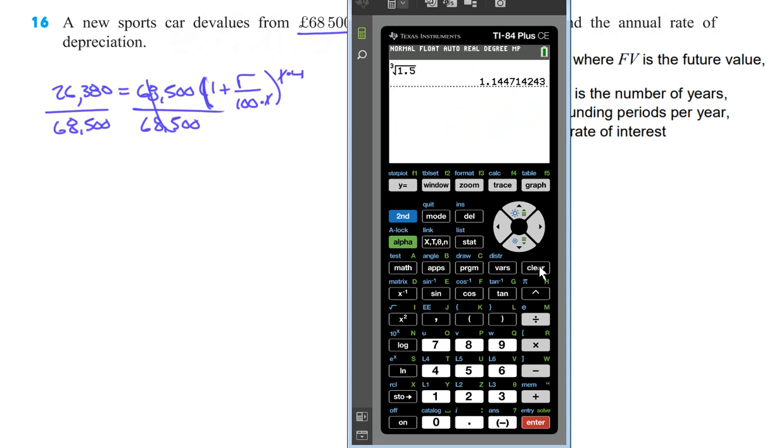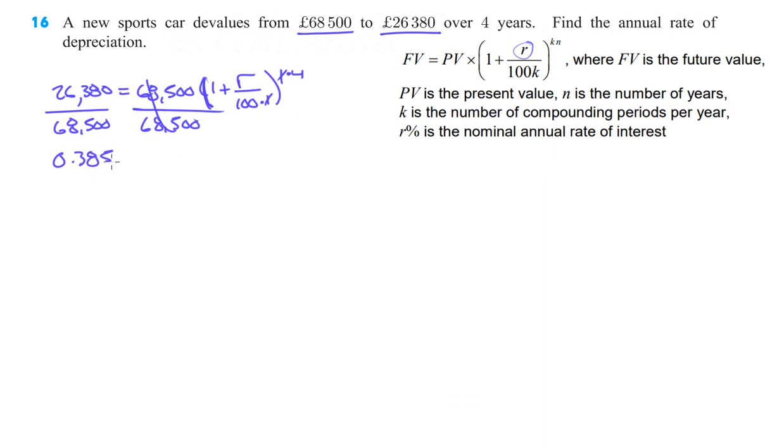And we get 26,380 divided by 68,500, and it's 0.385. 0.385 equals 1 plus r over 100 to the fourth power.